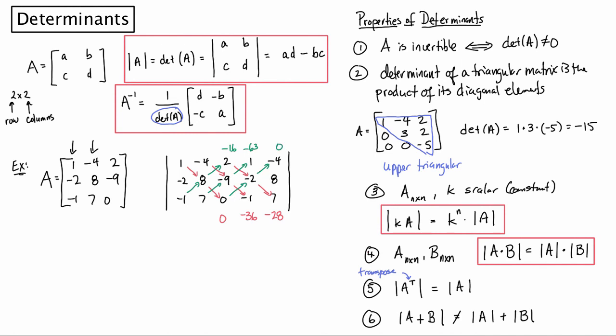It turns out that if you want to find the determinant of A, the way to do that is to sum the downward diagonals, and subtract from it the sum of the upward diagonals.